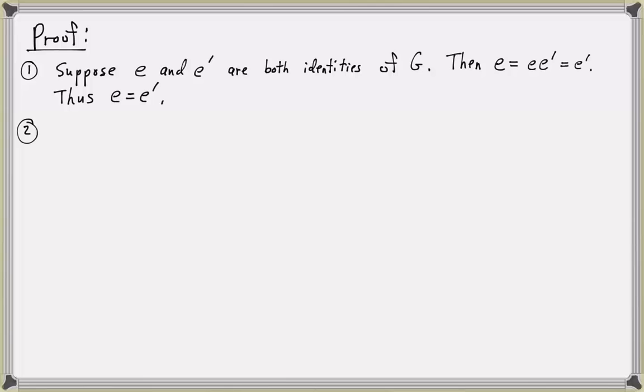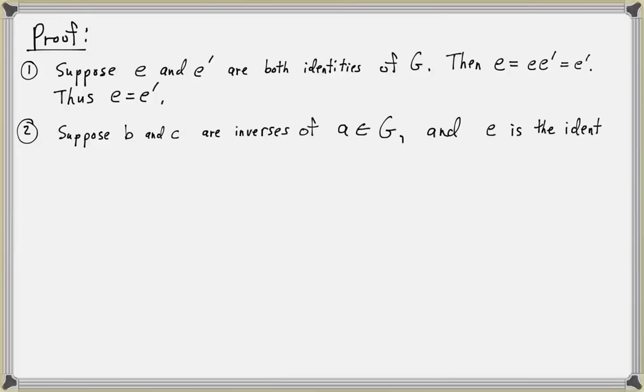Let's let B and C both be inverses of element A. And let's let E stand for the identity element of G. Then by definition of an inverse, we see that A times B will have to equal the identity E. But for similar reasons, if I multiply C times A, I will also get the identity element E.